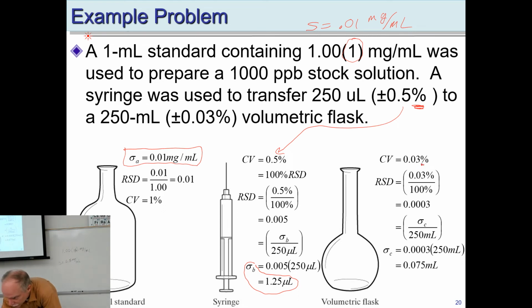CV is 0.03%. That means the RSD is 0.0003. That's equal to the sigma divided by 250 milliliters. And so you need to solve for sigma. So it's 0.0003 times 250 mils, or 0.075 mils. So that's the uncertainty for the volumetric flask.